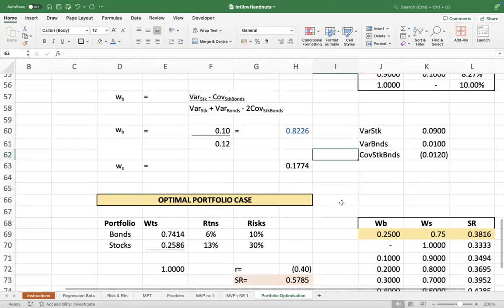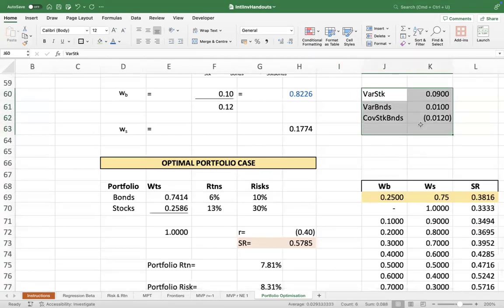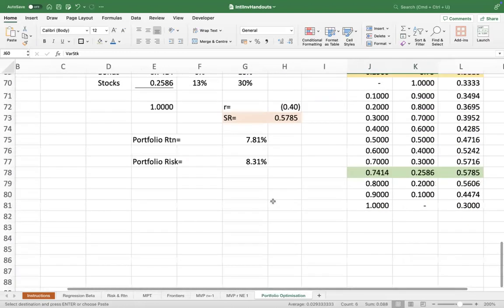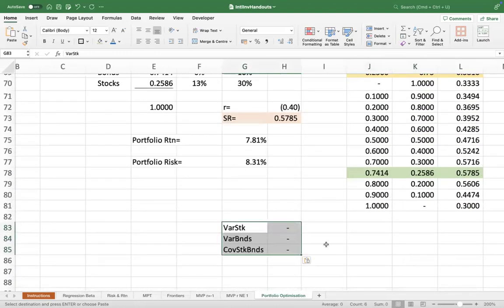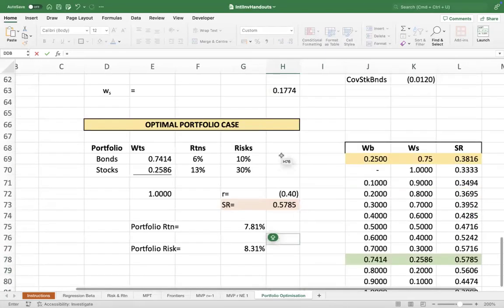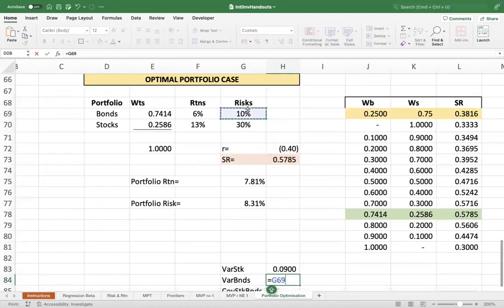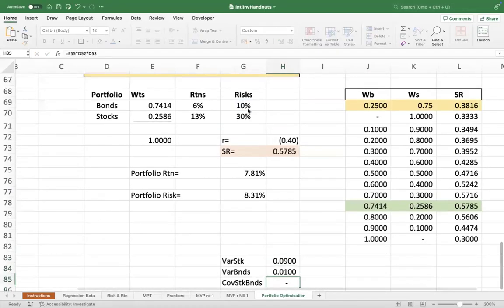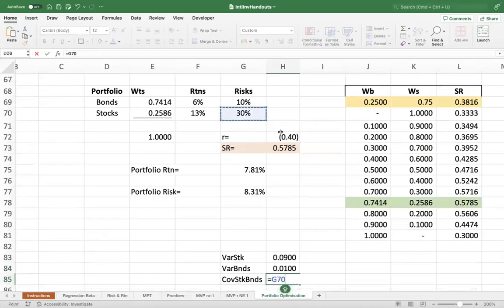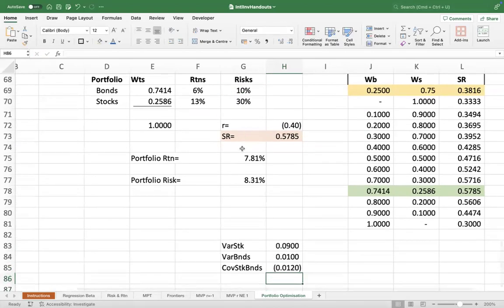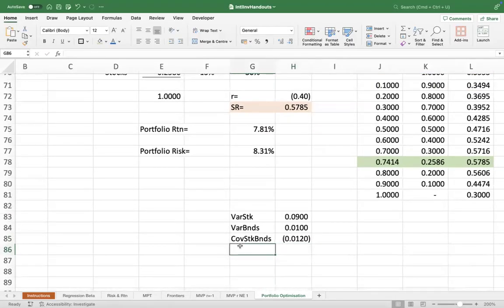formula. फॉर्मूला के लिए मेरे को इनपुट्स चाहिए. So I am going to take the inputs here. Variance of stock will be variance of bonds from here, and covariance is R into sigma A into sigma B. And इसके अलावा for portfolio optimization we need two more inputs.